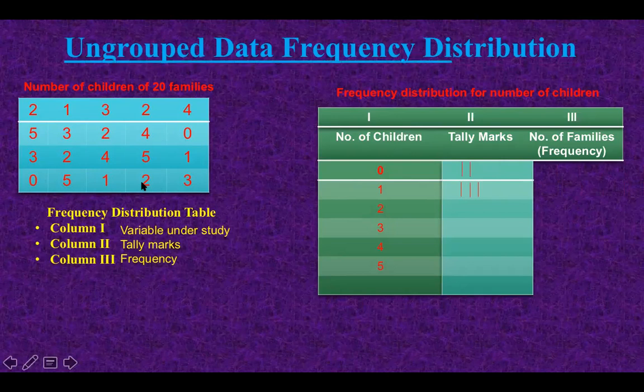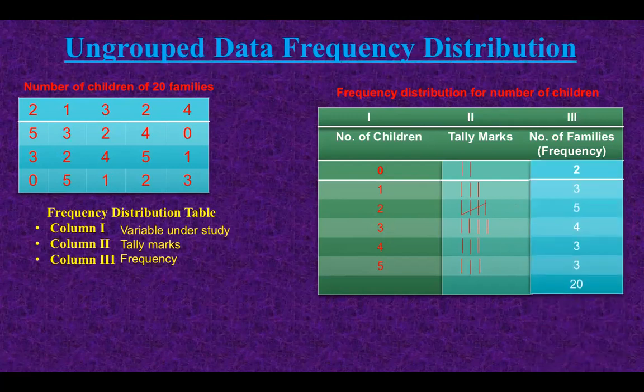Here it is 5 times. We give the tally marks like this of 4 lines, but when it comes to the fifth observation, the slanting line is to be drawn. The same goes on for 3. We count how many times it's 3 and give the tally marks. We count how many times it's 4, give the tally marks, and we count how many times it's 5 and give the tally marks.